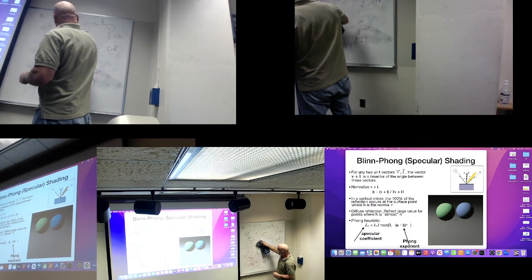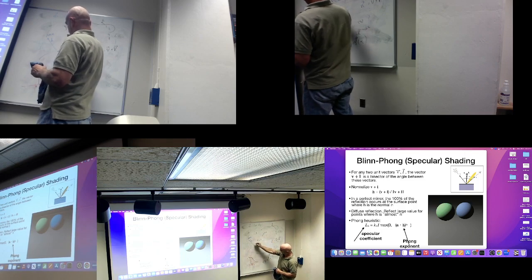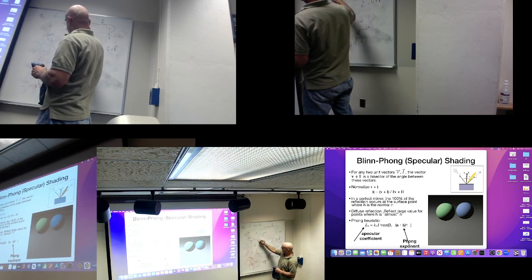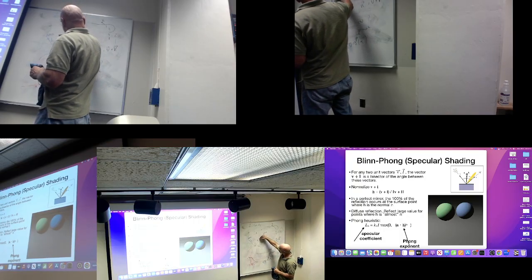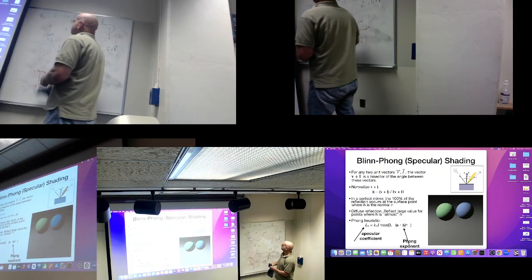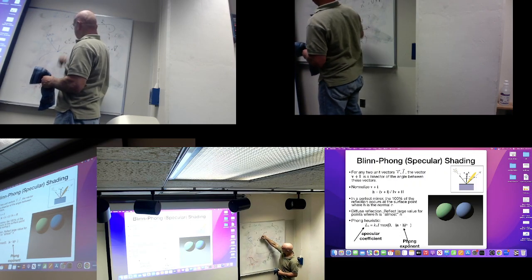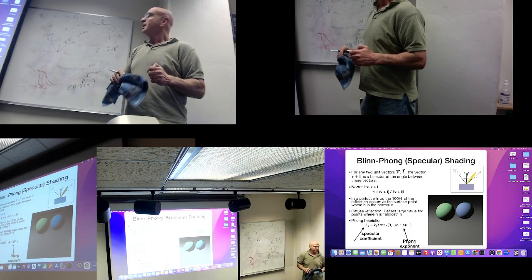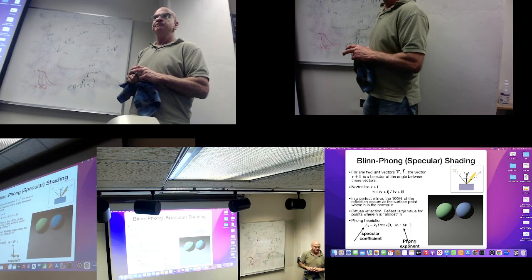So this vector is both R, the perfect reflection, and at the same time the direction to the viewer, what we called V over there. And please be so kind to tell me what H is in this case.